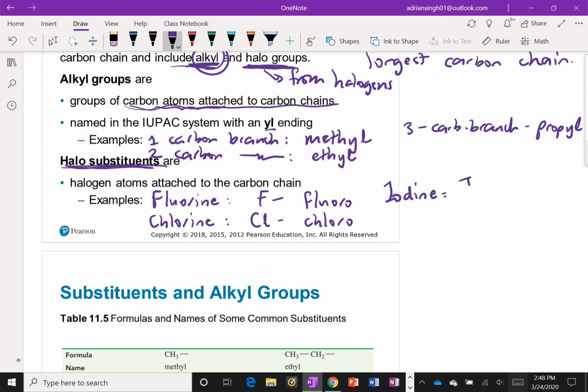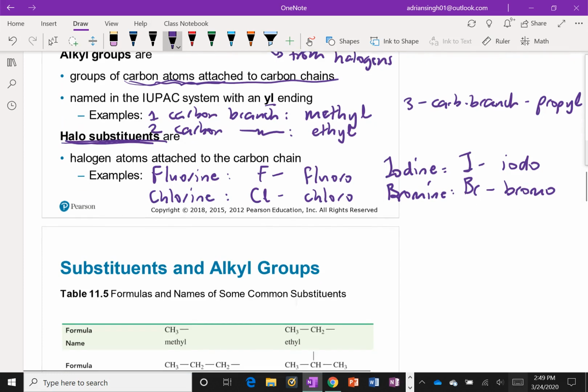Iodine is called iodo, and bromine is called bromo. So those are how we name those halo branches or those halo substituents when they are attached to a longer carbon chain.